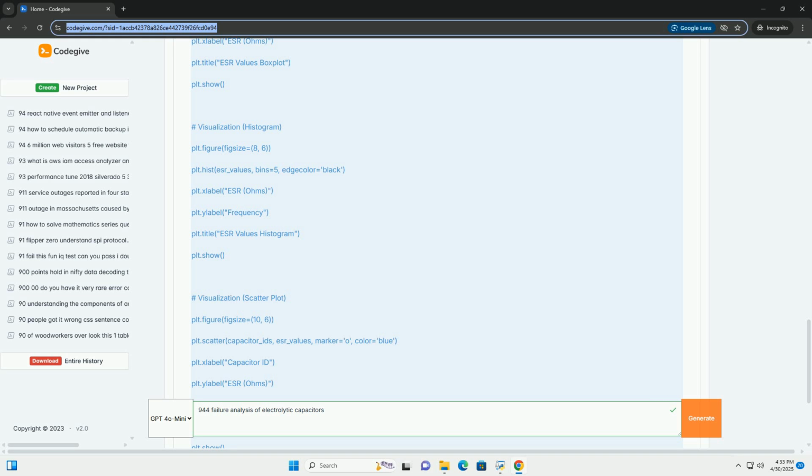4. Increased leakage current. Description. The leakage current, DC current flowing through the capacitor when a DC voltage is applied, increases significantly. Cause. Degradation of the dielectric layer, contamination within the capacitor. Symptoms.